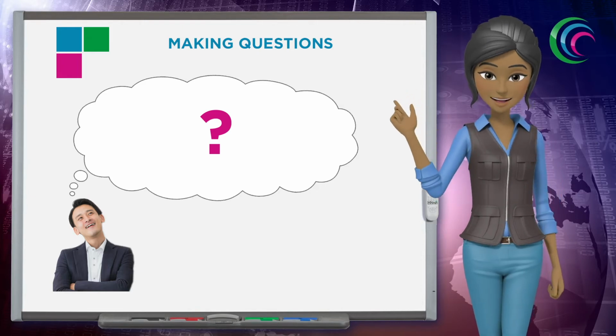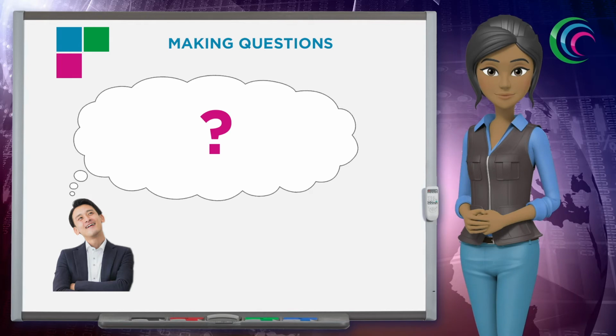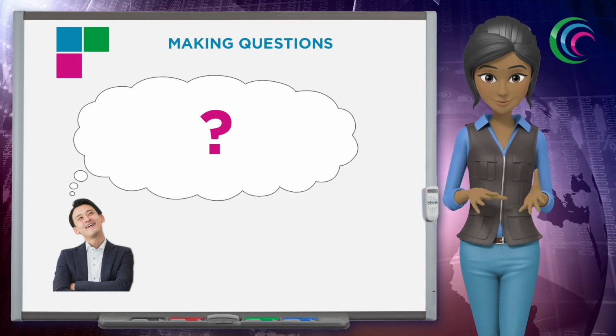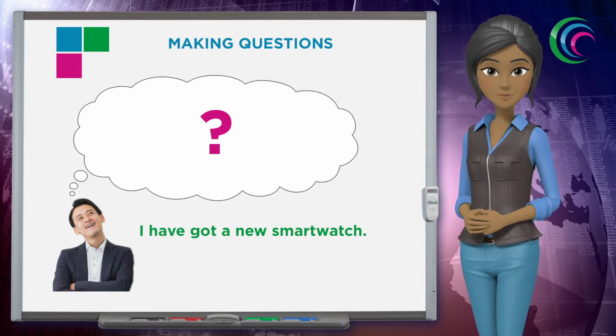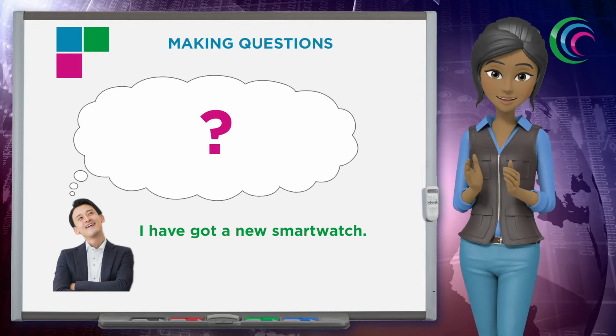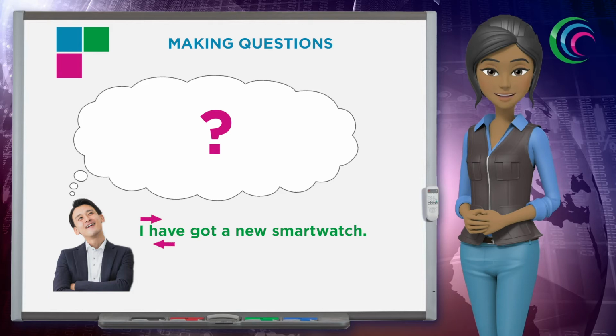We have also discussed have got. Let's have a look at an example. I have got a new smartwatch. To turn this into a question, we switch the first verb with the subject.